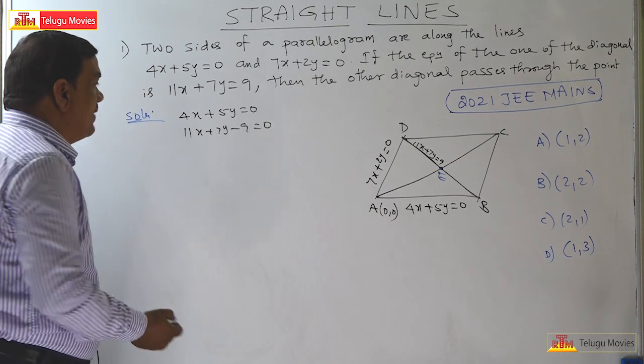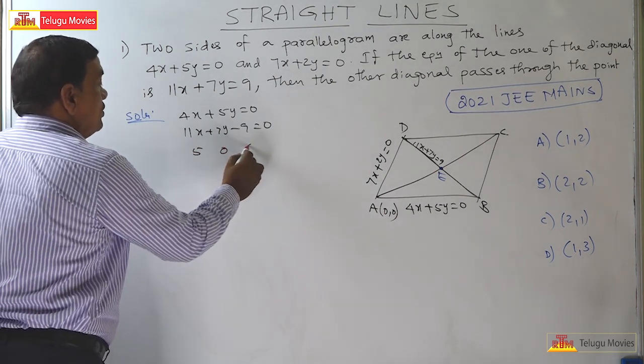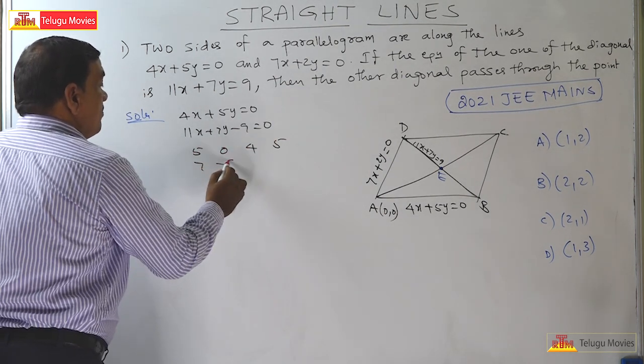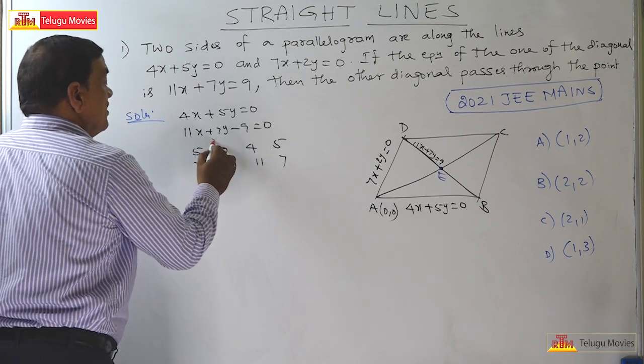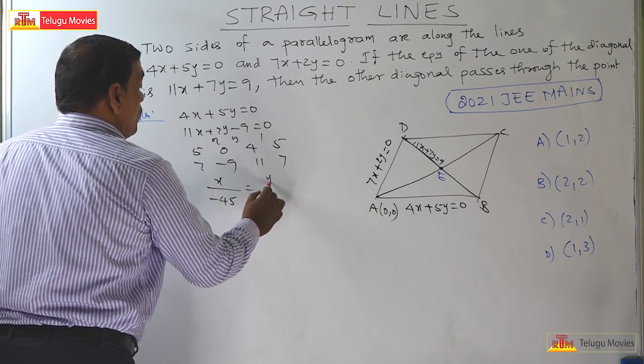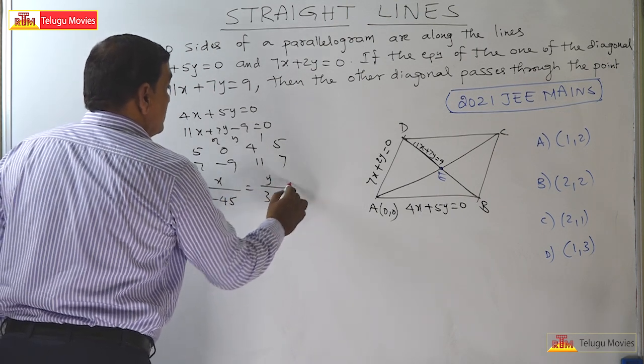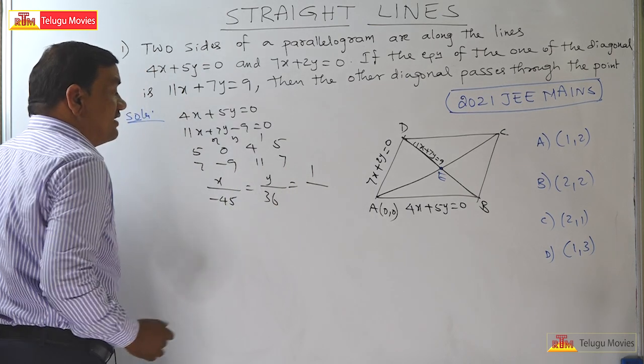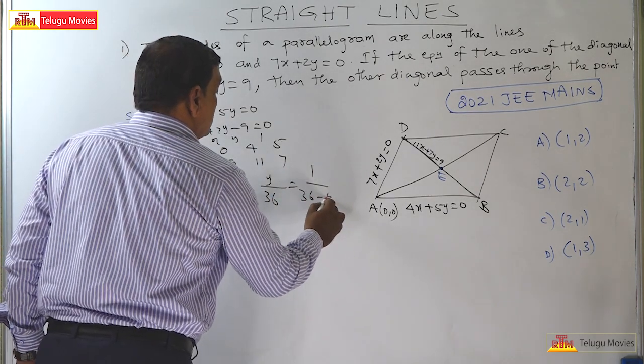We can solve by the cross multiplication method. 5, 0, 4, 5, 7, minus 9, 11, 7; x, y, constant. x by minus 45, y by 36, 1 by 4 sevens are 28 minus 55.